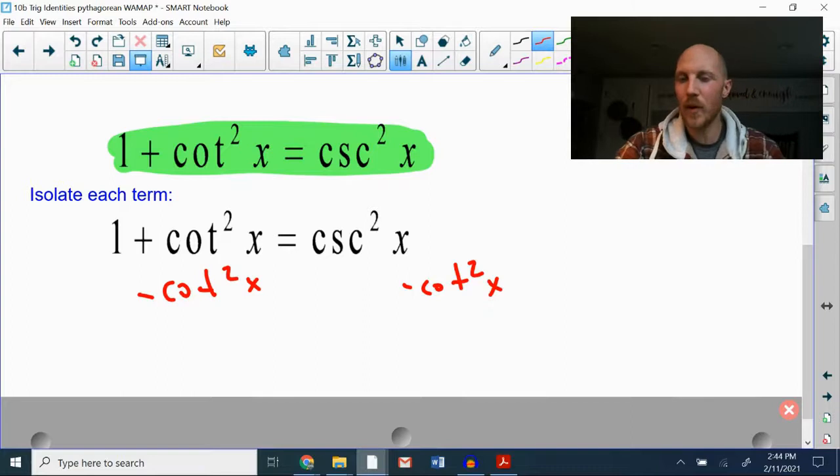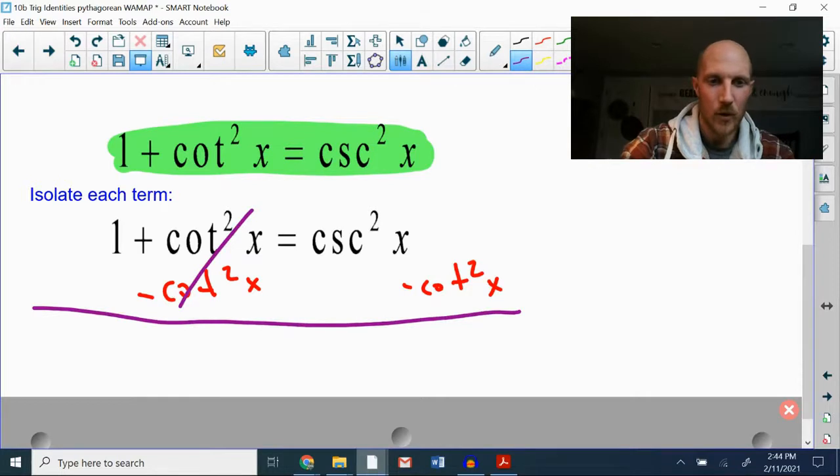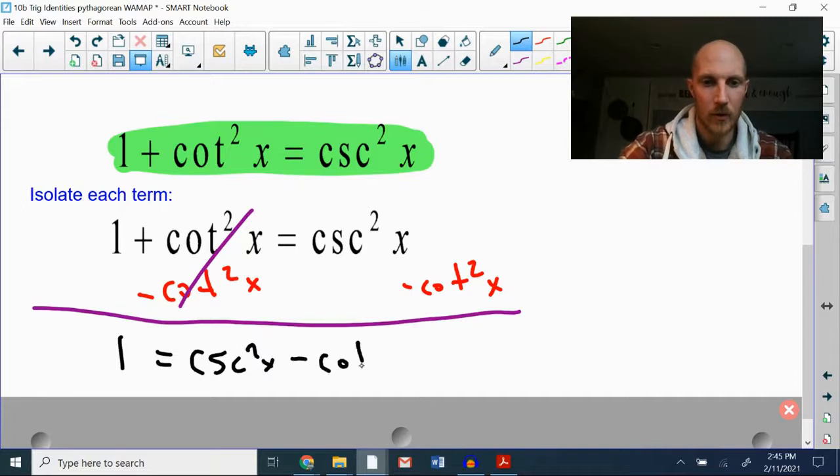So even though they both have a variable of x, cosecant squared of x and cotangent squared of x are not like terms. Right? They don't have the same trig expression. So these cotangent squareds will cancel each other, but cosecant squared of x and cotangent squared of x, we do not get to combine. They'll just stay separate.